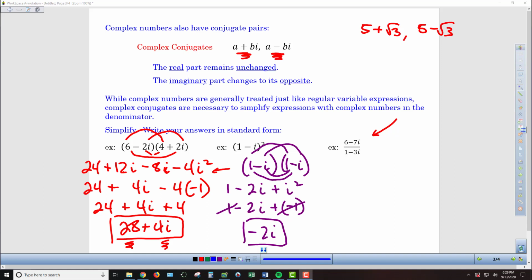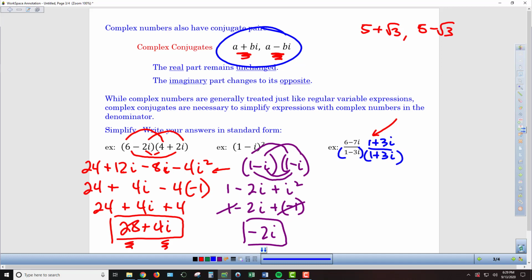And so our only way to simplify this then is to multiply the top and bottom by 1 plus 3i. So again, our rule for conjugates is we leave the real part the same and switch the imaginary part to its opposite. So what that does for us is it sets up kind of a difference of squares pattern in the denominator. So we really only have to multiply the firsts and the lasts because the outer and inner terms are going to cancel each other out.